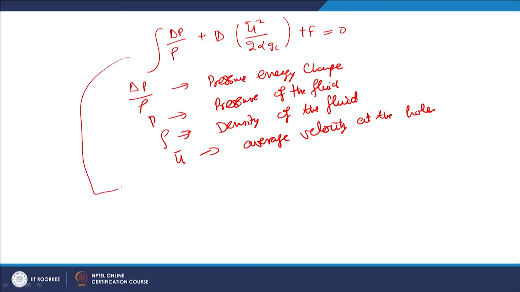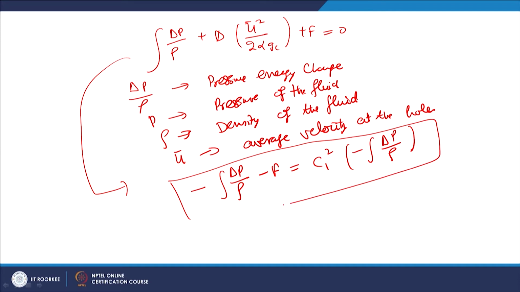So we need to define the discharge coefficient C1 at this juncture. Now this is defined as the integral of dP upon rho minus F is equal to C1 square times the integral of dP upon rho. Now C1 is the discharge coefficient.